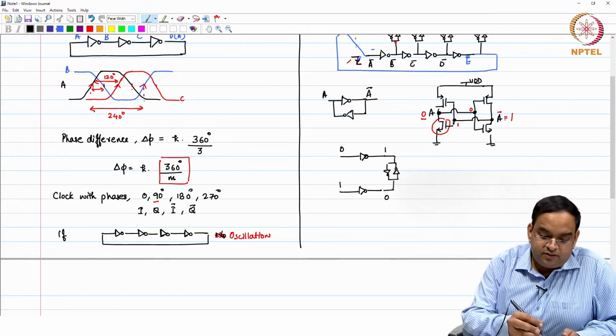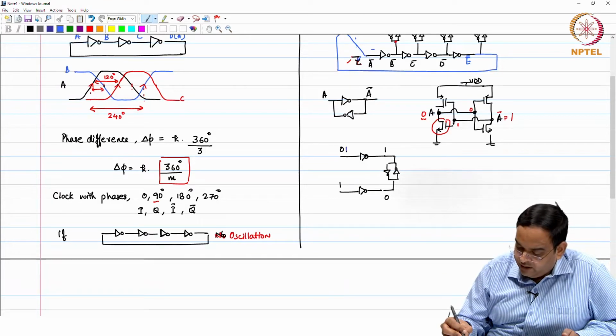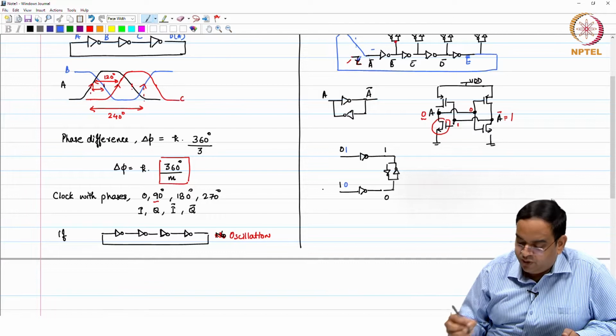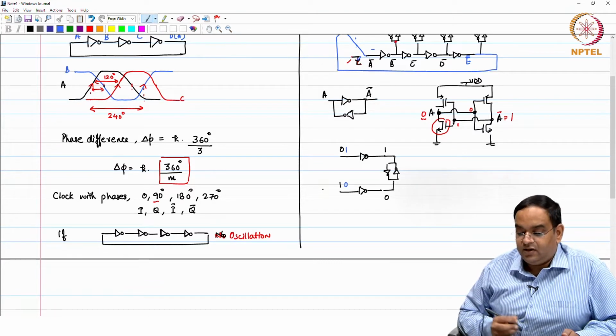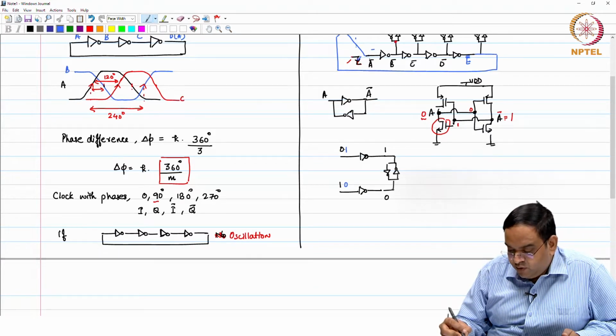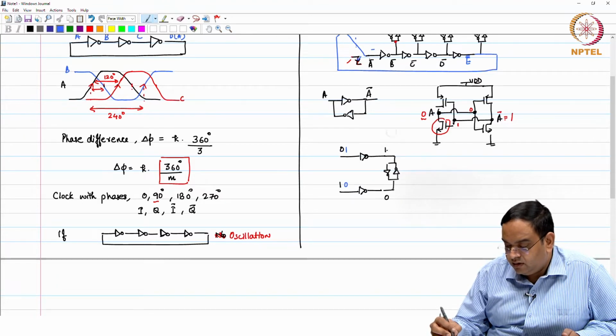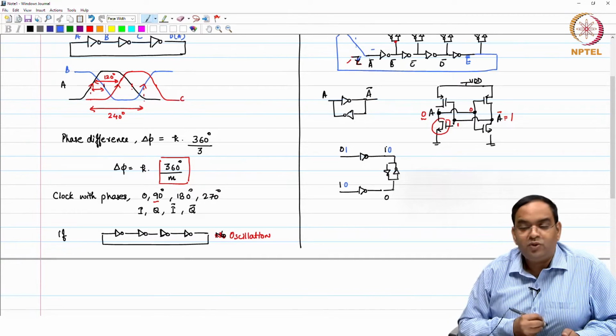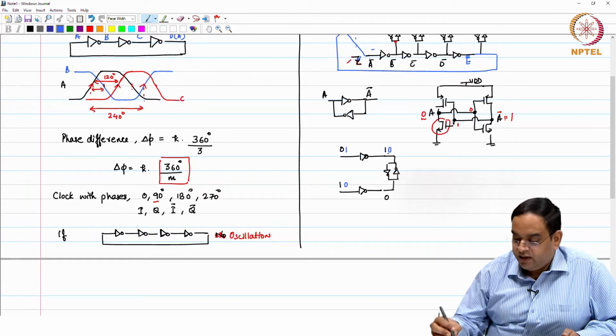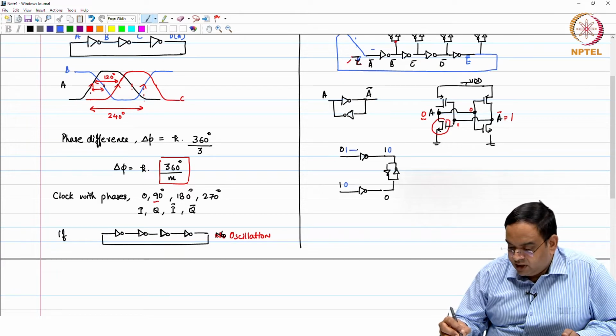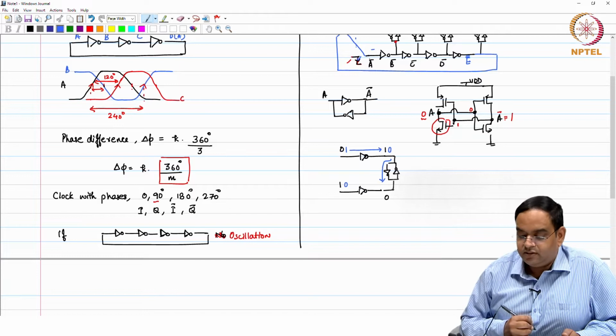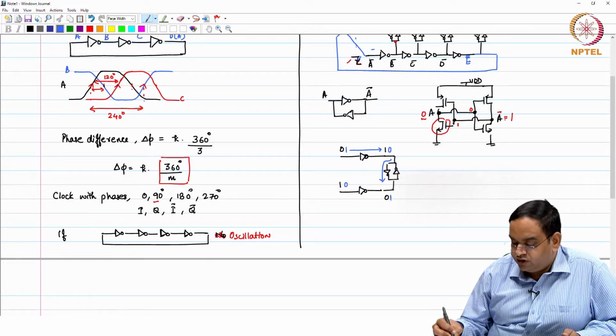So, when the 0 becomes 1 and 1 becomes 0, if this 0 becomes 1, then the output of the inverter will go to 0, and through this inverter the output of this inverter will become 1 to 0, and then using this inverter it will try to force this to 1.